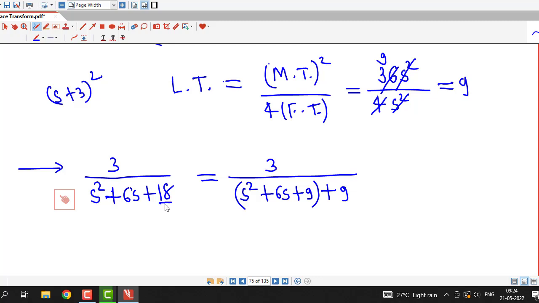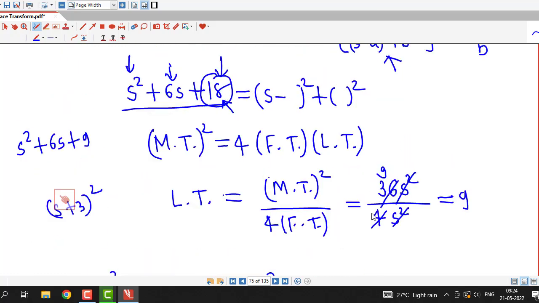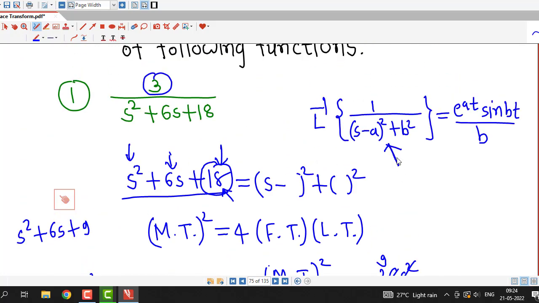I am writing 18 as 9 plus 9. I write 3 outside and I write this as 1 divided by square of s plus 3 plus 9, which can be written as square of 3. So I am writing in this form.